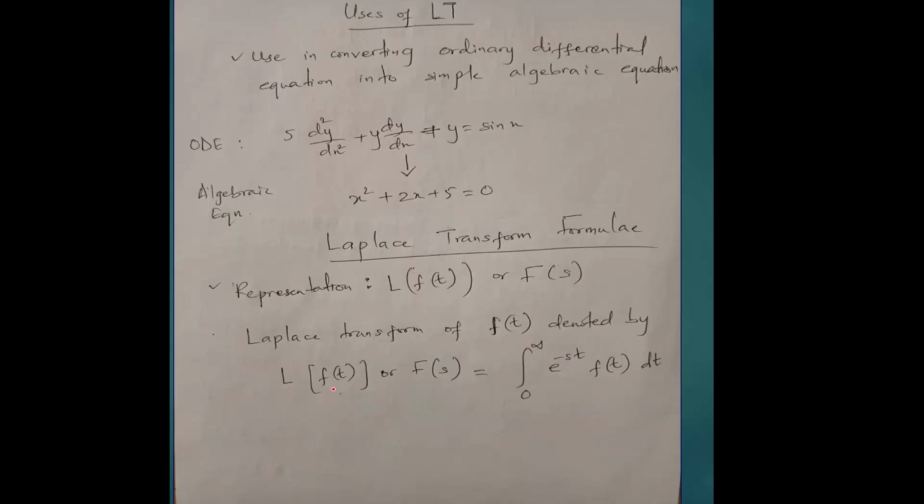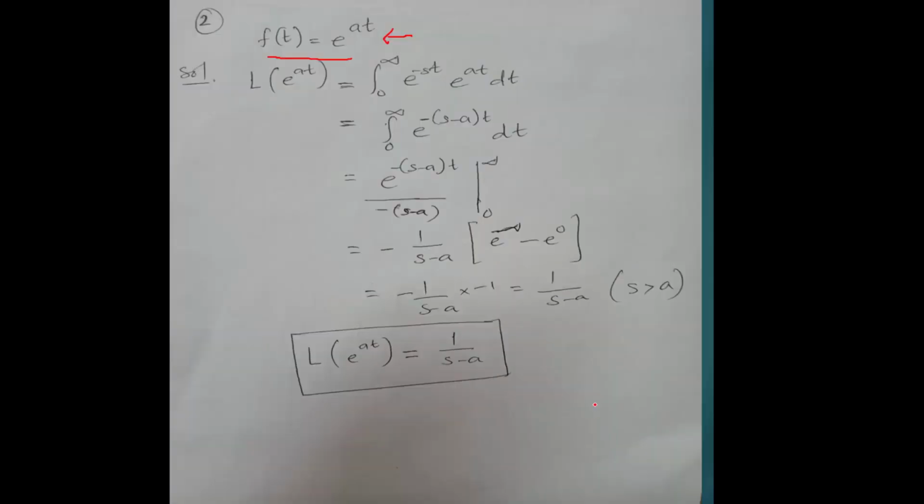In that question your f(t) value is an exponential function, so you need to replace this f(t) with the exponential function. So when you replace that one, you're going to get this one.